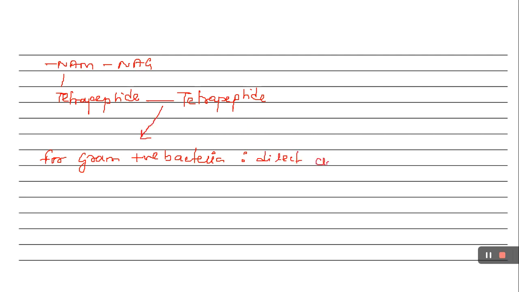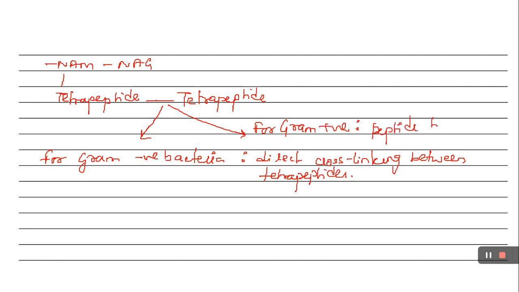But for gram-negative bacteria, there is a peptide bridge which links the two tetrapeptides. In between, there is an interpeptide bridge.